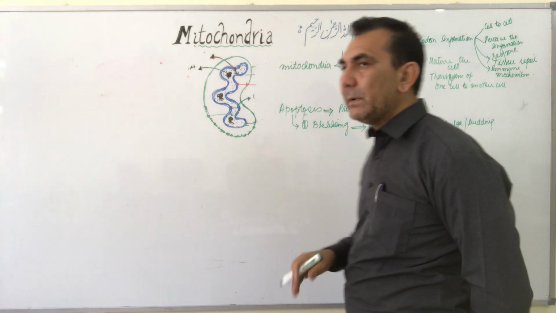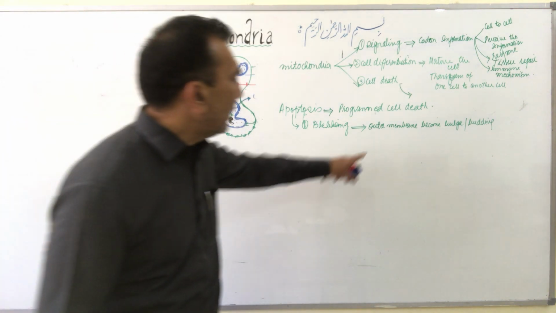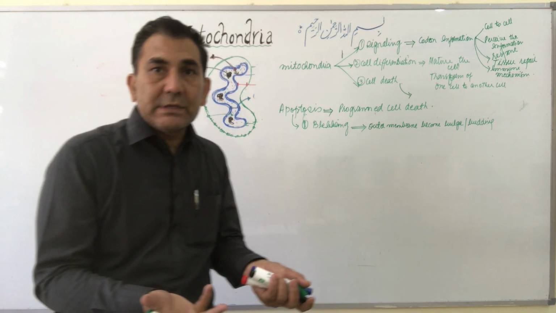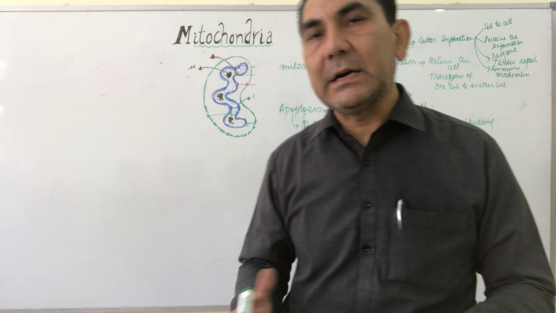After the bulging and budding, the outer membrane of the cell degrades, and the cell dies.